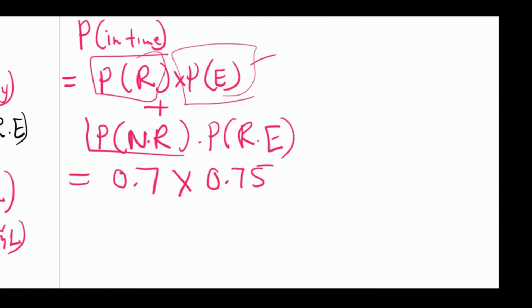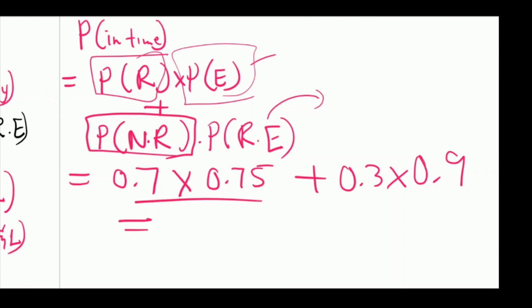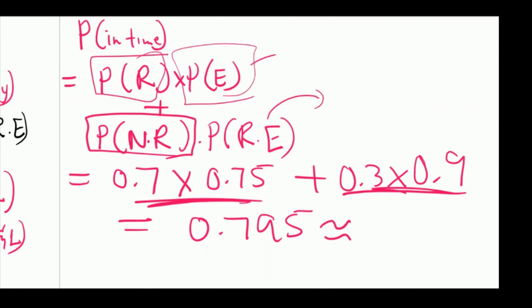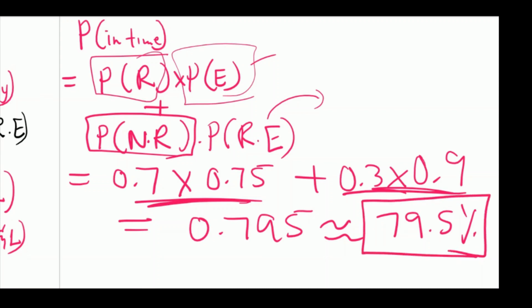And then plus the probability that it will not rain, which is 0.3, times the probability that you'll arrive early, which is 0.9. You find the product here and add it to this product here, and you should get the sum to be 0.795, which in percentage form is 79.5%. So this is the probability that you'll be on time at work.